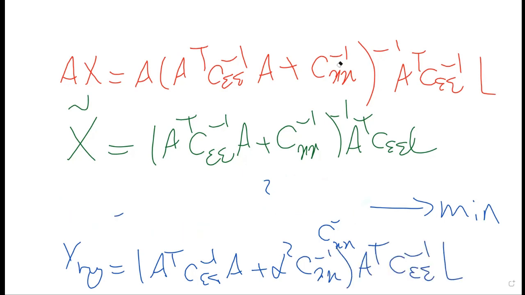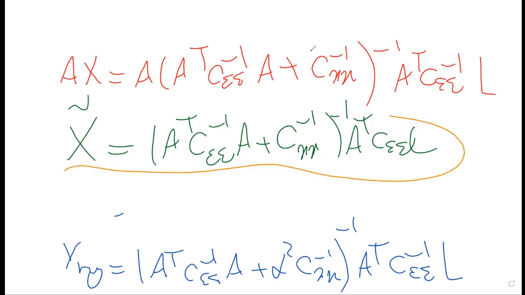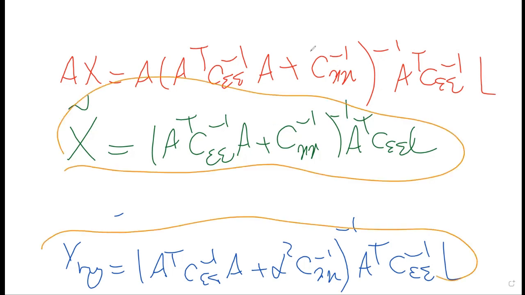And now this is Tikhonov regularization, and the one above is least squares collocation. What do you see here from these two? Yes, the only difference is here.